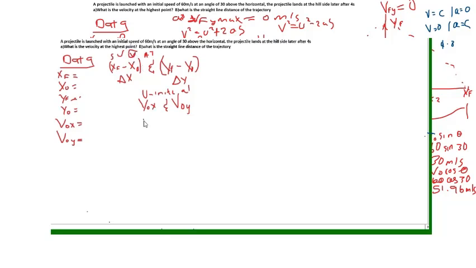This v is final. Also the final has got components, v final in the x direction and the v final in the y direction. So you write these two, v final x, v final y, like that.